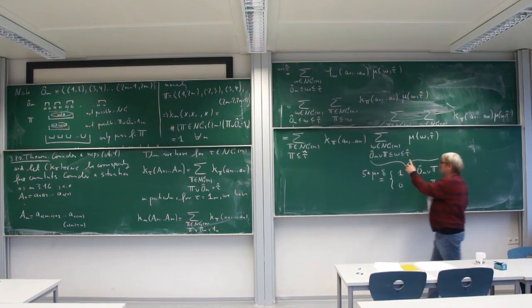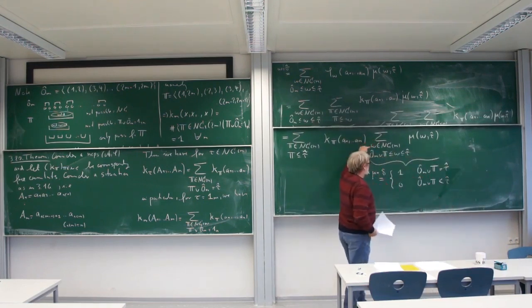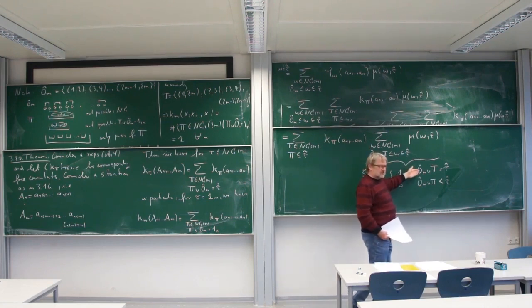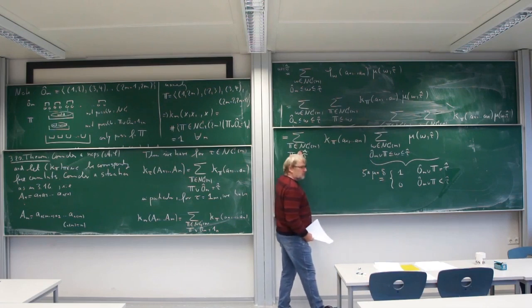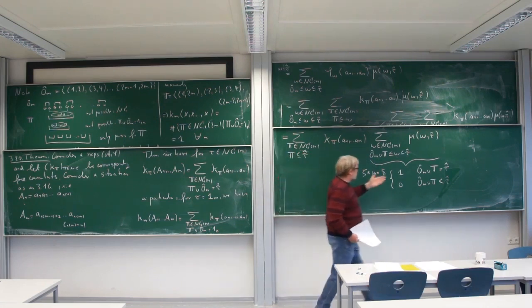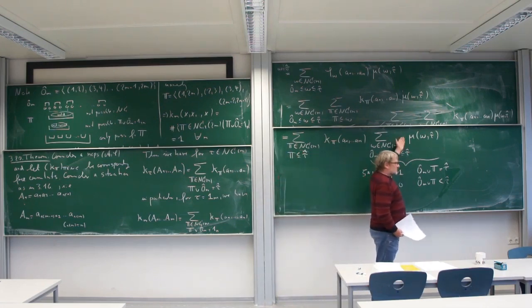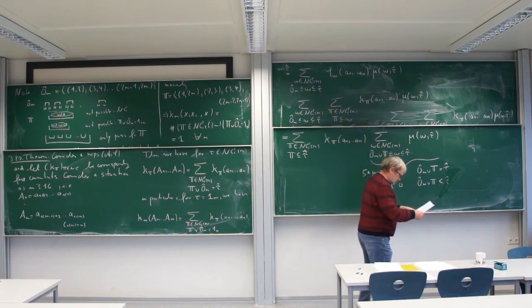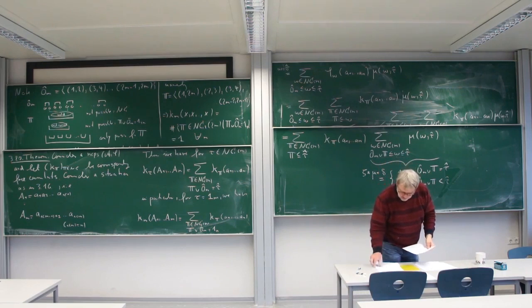So this sum over the omegas gives 0 or 1, and it gives 1 if this condition is satisfied. So this gives us a condition on the pi's. The pi's must satisfy this condition. Then I get the contribution 1. If the pi's don't satisfy this condition, I get 0. And so I get more or less what I want.